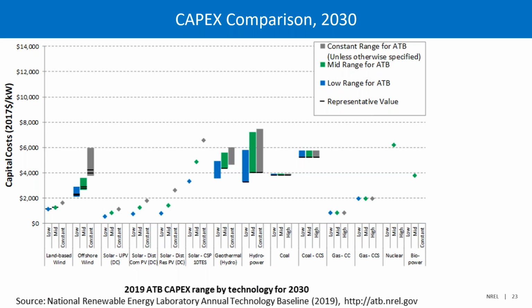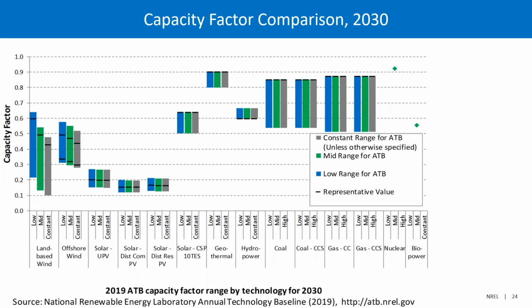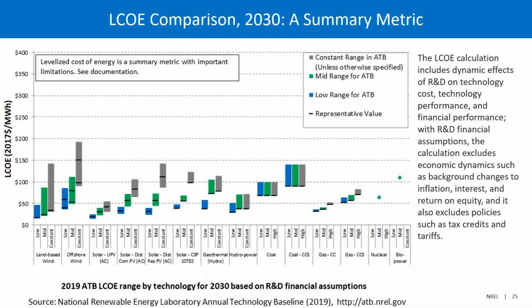So we have the Capex comparison here, capacity factor comparisons for 2030, LCOE, as I mentioned, important to consider the caveats and limitations of the LCOE and to understand what goes into this.